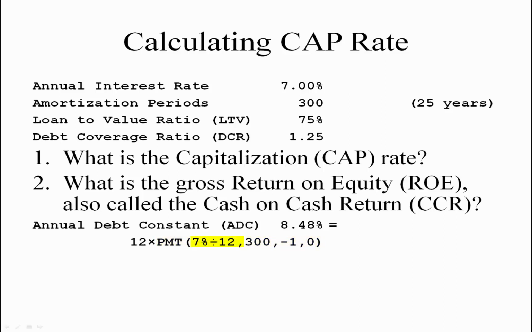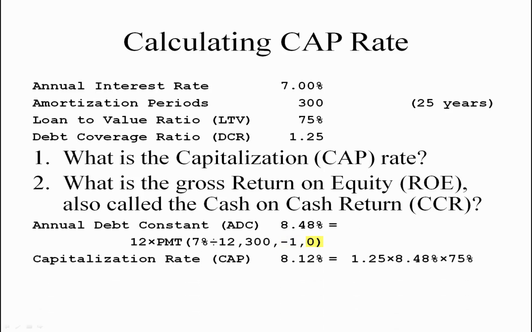We take the annual interest rate and divide by the number of payments per year. We plug in the number of amortization periods, plug in the negative present value of $1 and the future value 0. This is fully amortizing. The entire expression calculates the annual debt constant of 8.48%.